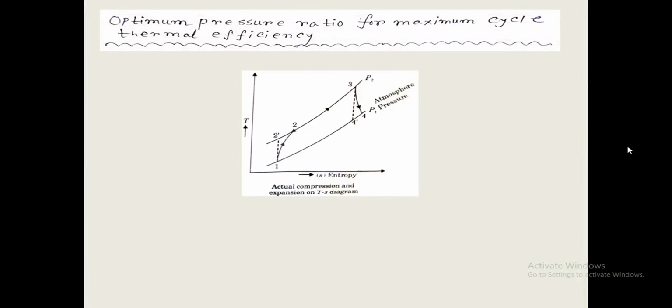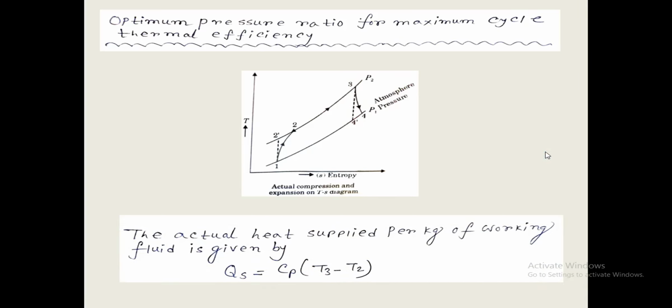Optimum pressure ratio for maximum cycle thermal efficiency. This is the temperature versus entropy diagram for actual compression and expansion on the TS diagram in a closed cycle gas turbine. The actual heat supplied per kilogram of working fluid is given by Qs equal to Cp into (T3 minus T2).